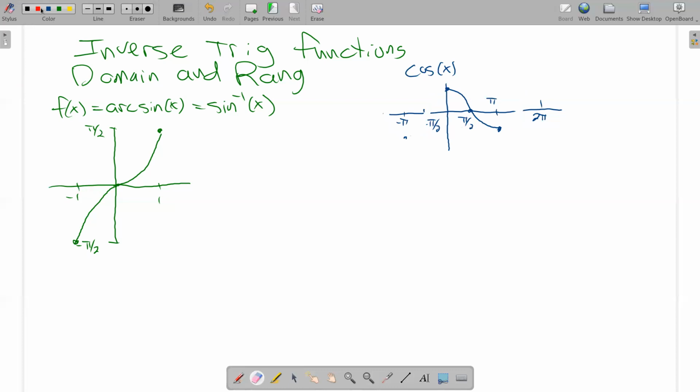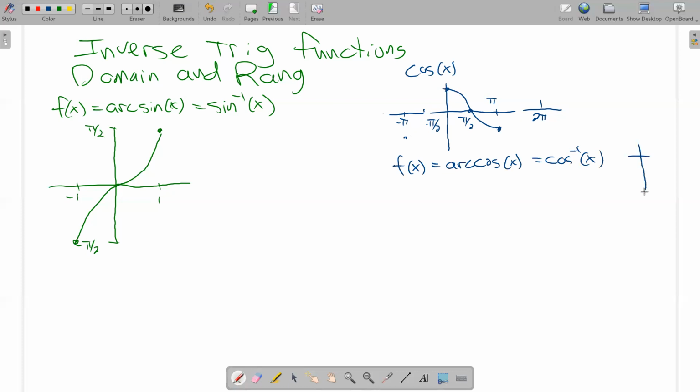So let's try to graph the inverse. So f of x equals the arc cosine, also known as cosine inverse or inverse cosine. And so what do I know about it? Well, instead of having the point 0, 1, it should have the point 1, 0.